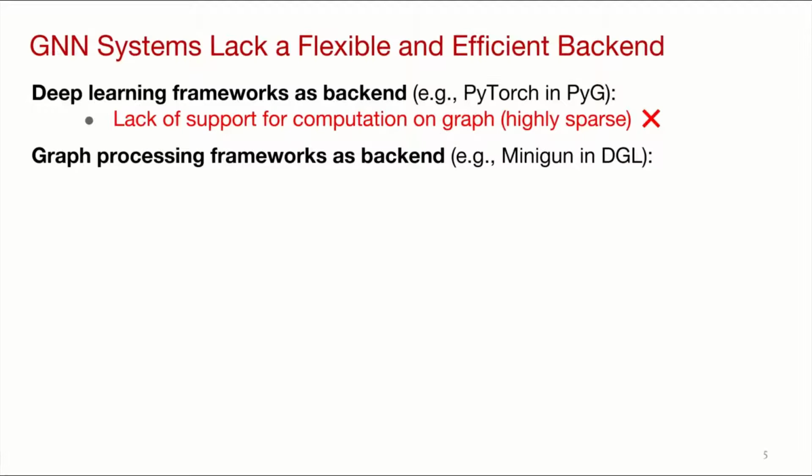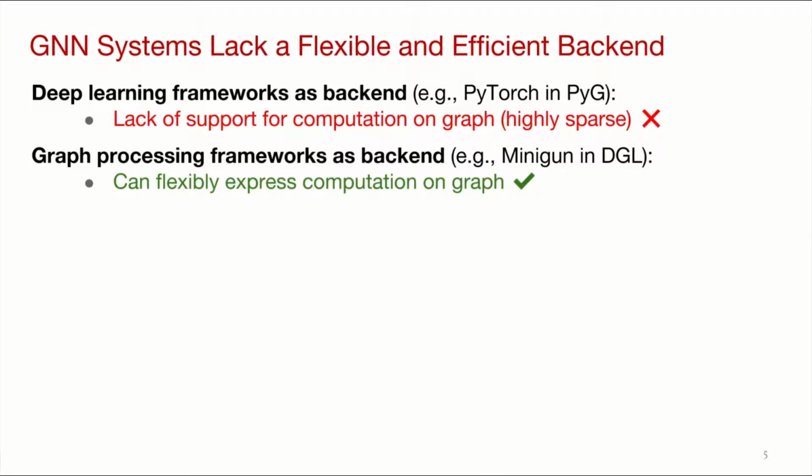So, the problem of using deep learning frameworks as a backend has been acknowledged by the developers of GNN systems. To solve the problem, the DGL team has proposed to use existing graph processing frameworks as a backend. Graph processing is a pretty mature research field. People have built a lot of graph processing frameworks. They are pretty flexible.